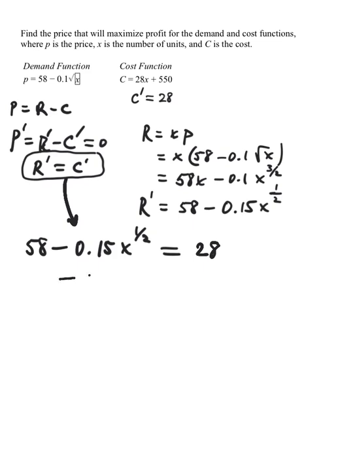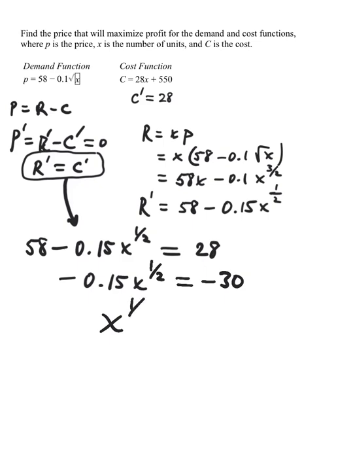Subtracting 58 from both sides, let me write that a little neater. Sorry about that. 28 minus 58 is negative 30.